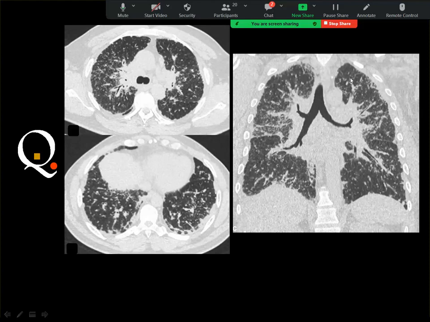The next case is a CT scan of also a diffuse lung disease of a child, and you can see the distribution of the lesions is very pathognomonic for a particular lesion.